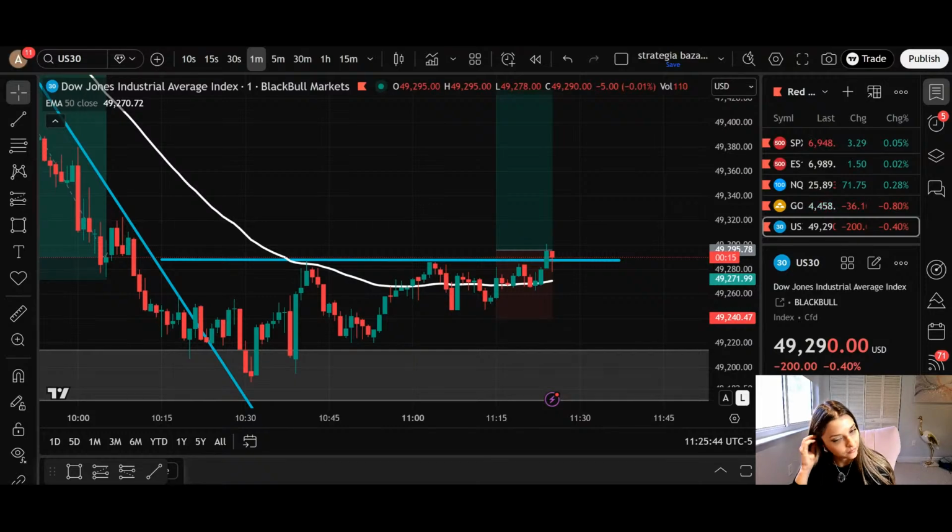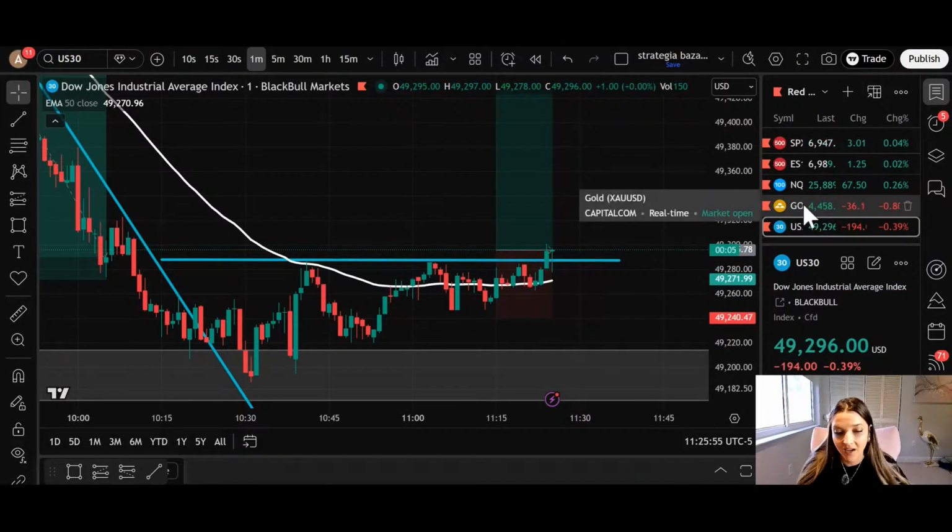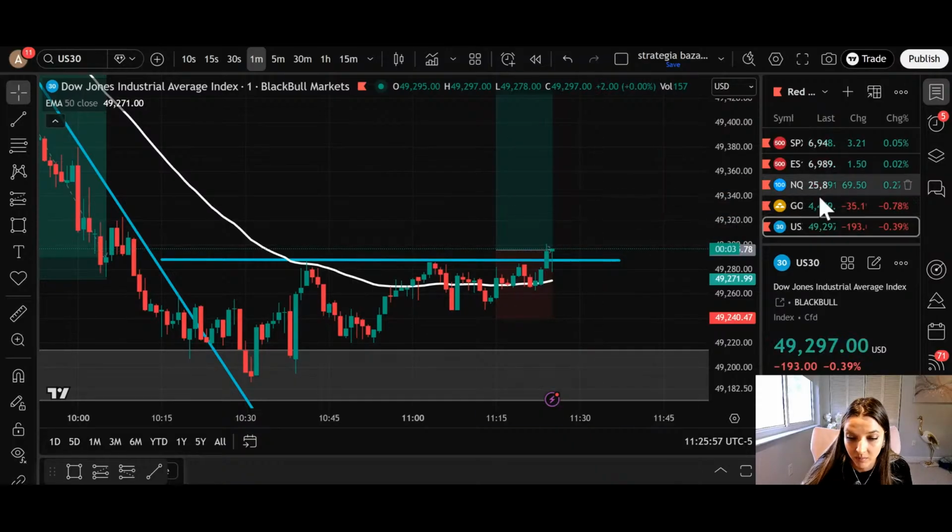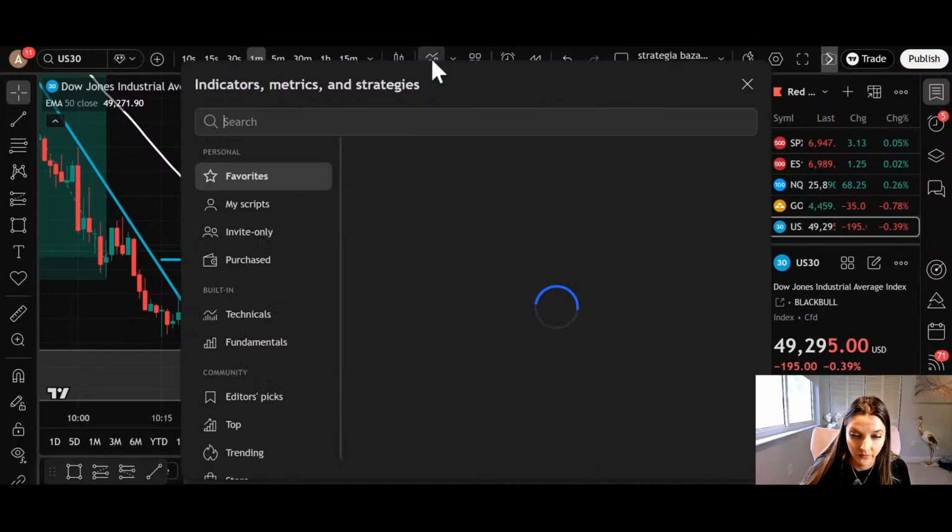150 EMA 50 on 1 minute. I don't think it's too much of a difference than the 17 EMA on 5 minutes. Let me put the 17 EMA just to see.